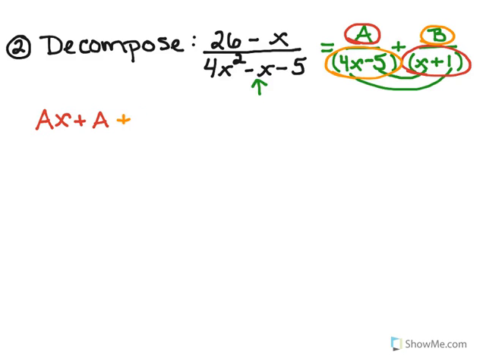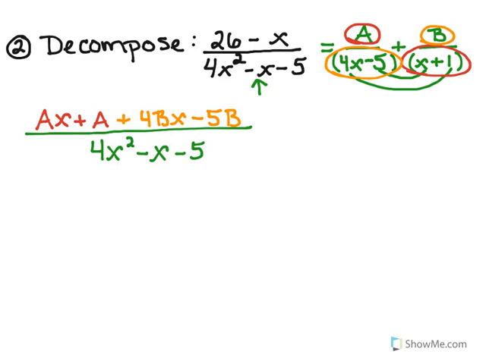So I have plus 4bx minus 5b. All of this is over the common denominator of 4x squared minus x minus 5. And this is equal to the fraction in the original problem, 26 minus x over 4x squared minus x minus 5.